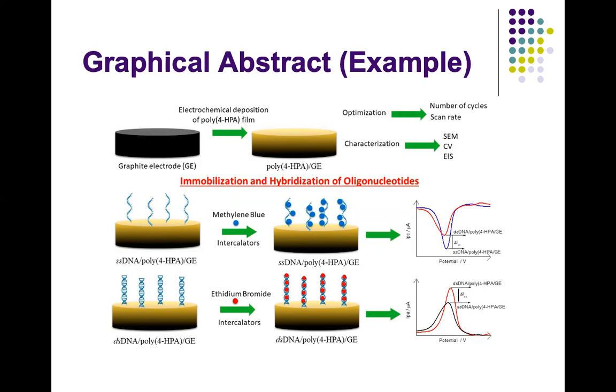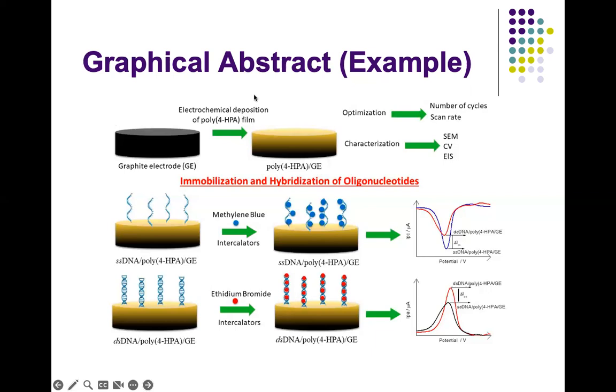Like myself, if I look at this graphical abstract submitted by one of the students, I know how it's going to work. I know from here that he or she is going to use a graphite electrode, and a certain type of polymer that will be embedded on this electrode.